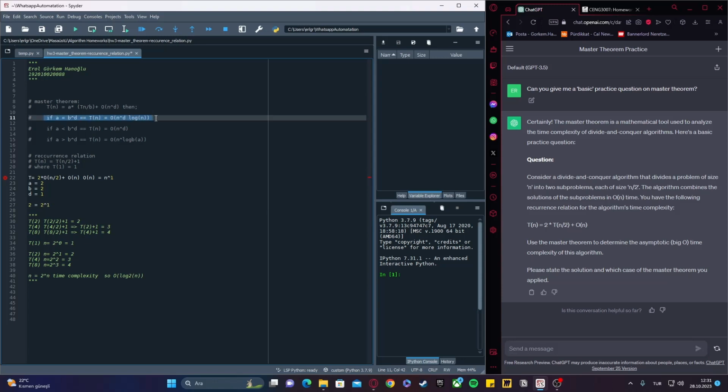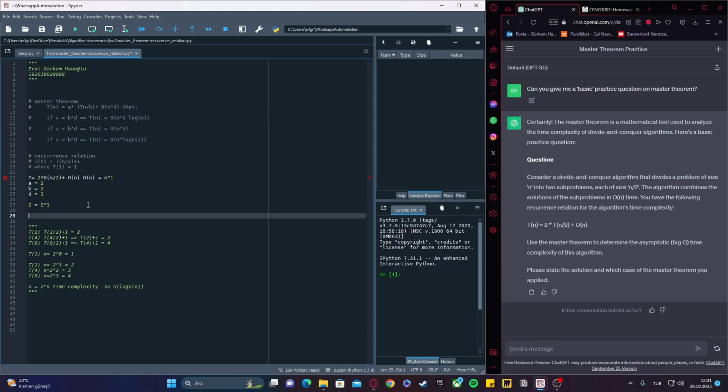So we have to use this case, and using this one here, it is n to the power d times log n. So our algorithm time complexity is equal to O(n log n).